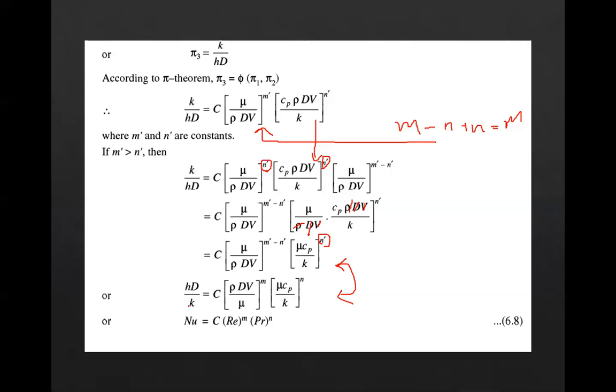Ultimately this value is called the Nusselt number, rho dv upon mu is called the Reynolds number, and mu Cp upon k is the Prandtl number. So the conclusion is the Nusselt number depends on the Reynolds number and the Prandtl number.